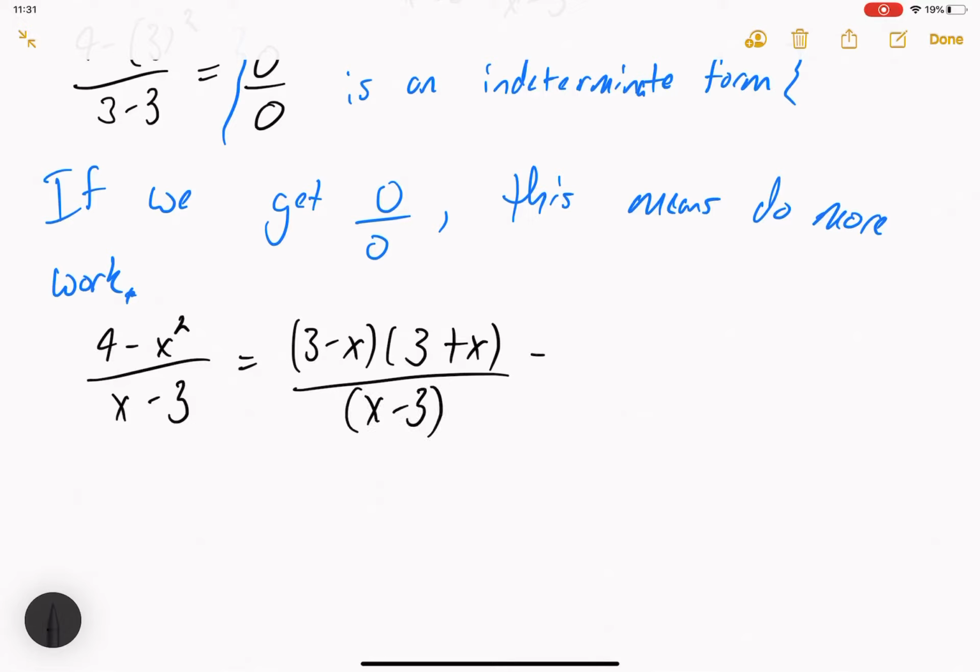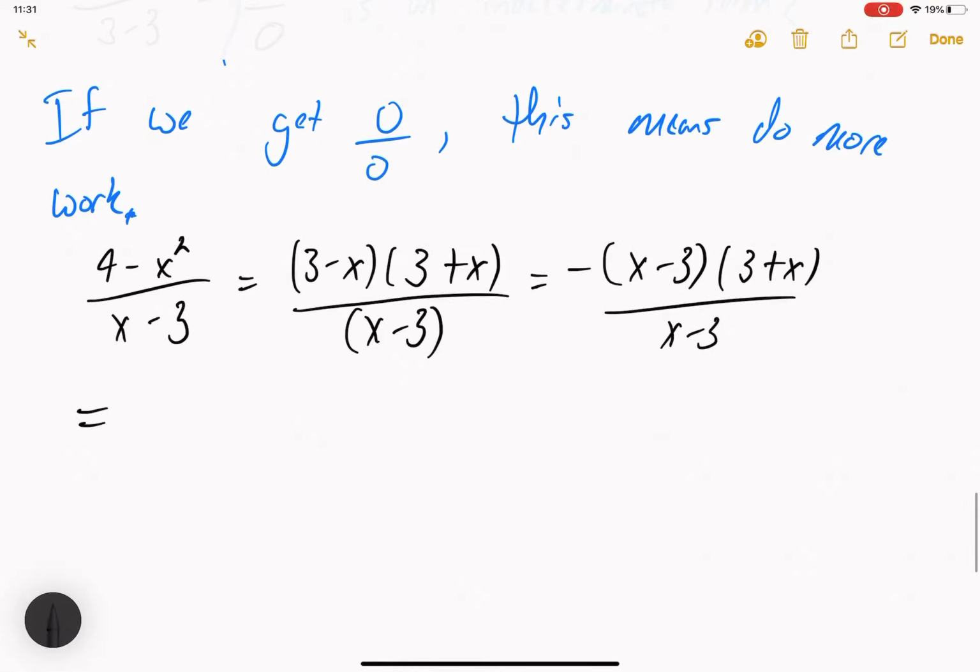Then this is the same thing as negative (x minus 3) times (3 plus x), divided by x minus 3. All I did was pull out a negative from the first term. Then the x minus 3's cancel, leaving us with negative 3 plus x.